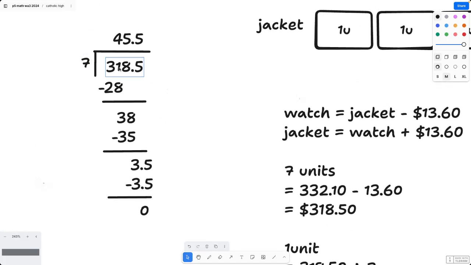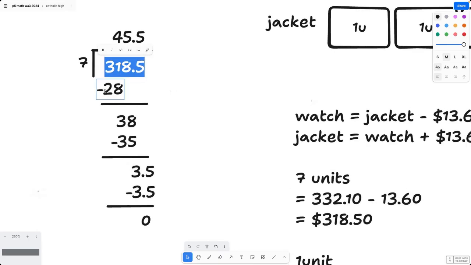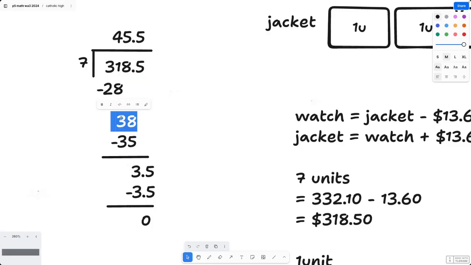So how we do that is basically 318.5 divided by 7. So we cannot do 3 minus 7, so we bring the next number, which is 31. So the multiple of 7 that's close to 31 is 28, which is 4 times 7. And then 31 minus 28 is 3. So we cannot have 3 minus 7, so we bring down the next number, which is 38.